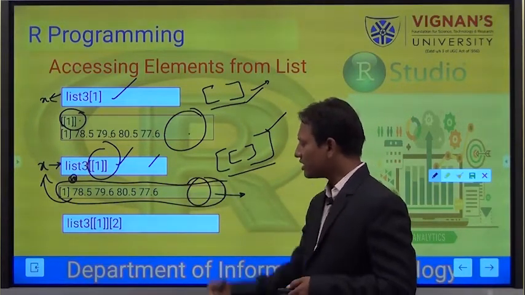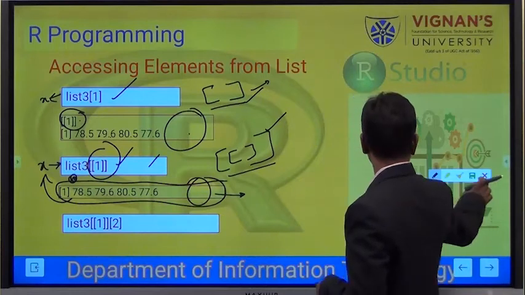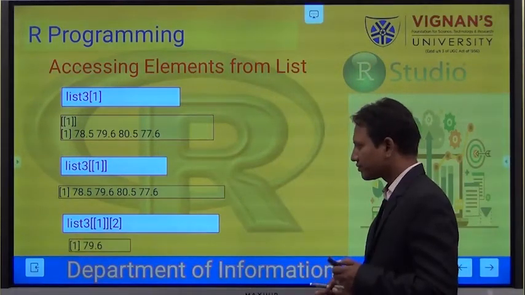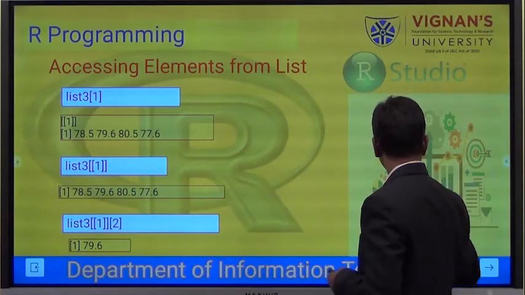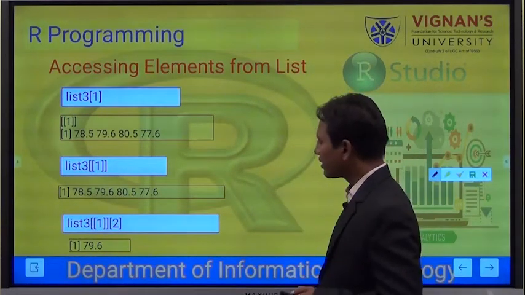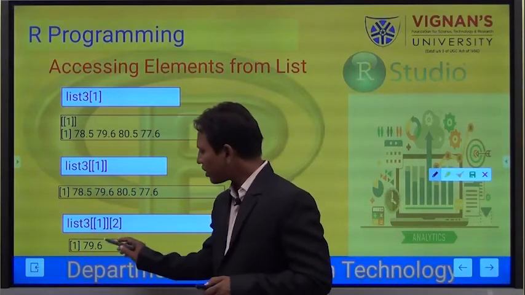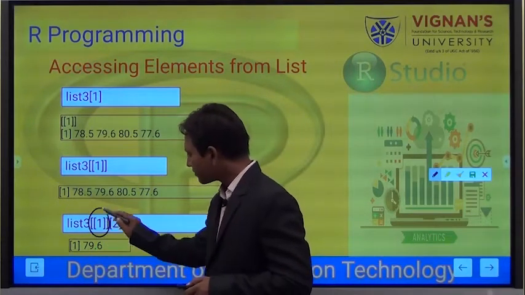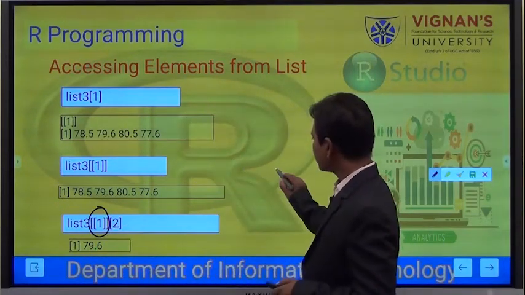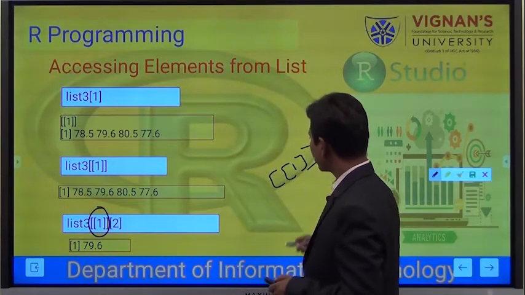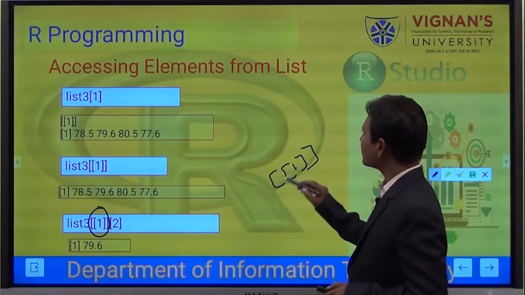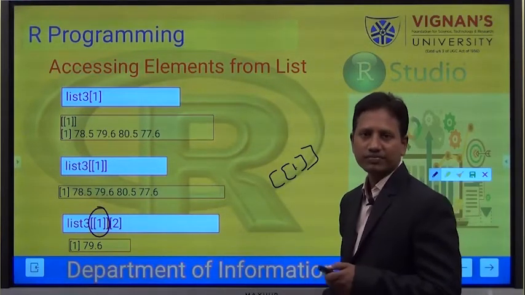Let us see this command output. Here what happened? I said list 3 of double bracket 1, so my first item was a vector.